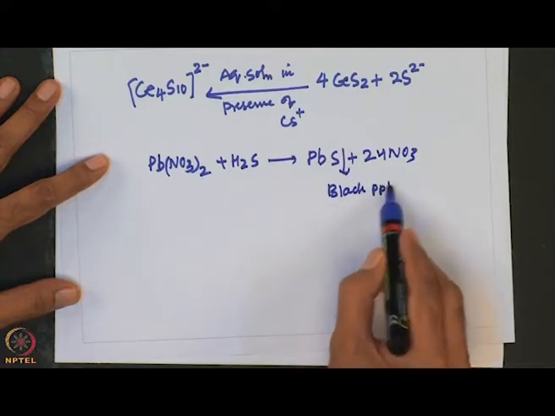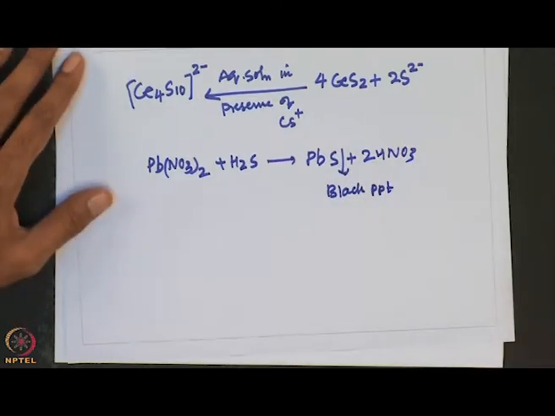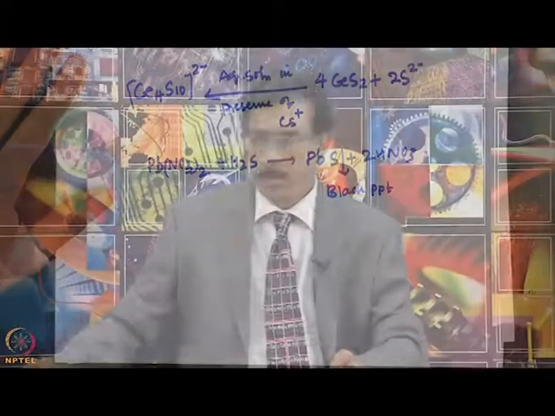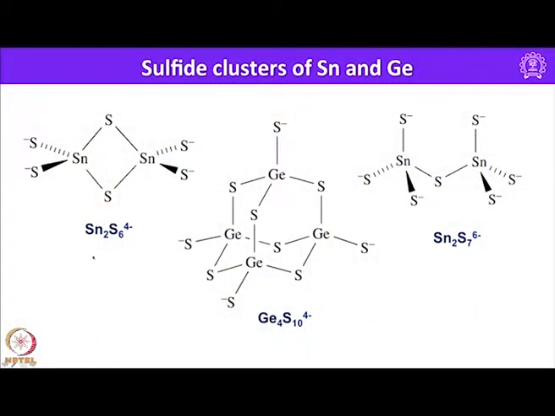So, this indicates the presence of some of these sulfophilic metal ions. The structures of a few of these higher sulfides I have shown here, Sn2S6 4 minus, and Ge4S10 has a cage structure, or similar to pyro structure Sn2S7 6 minus, very similar to pyrosilicate.